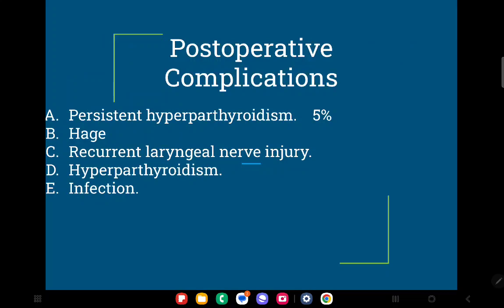What are the post-operative complications? Hyperparathyroidism or hypercalcemia may persist in 5% of patients, and this is a serious complication. Recurrent laryngeal nerve injury can occur as in thyroidectomy.